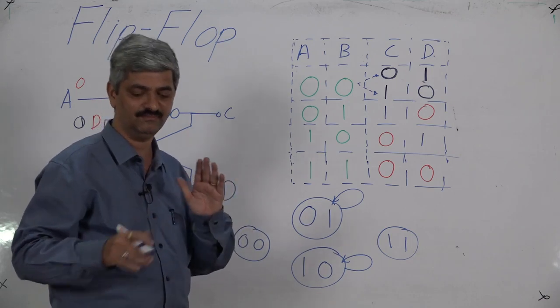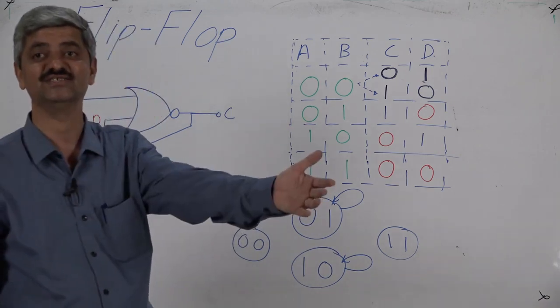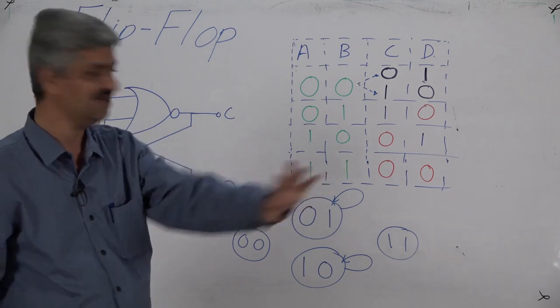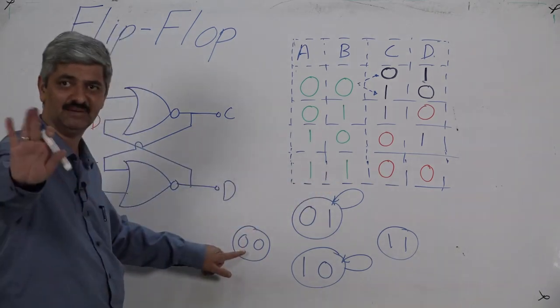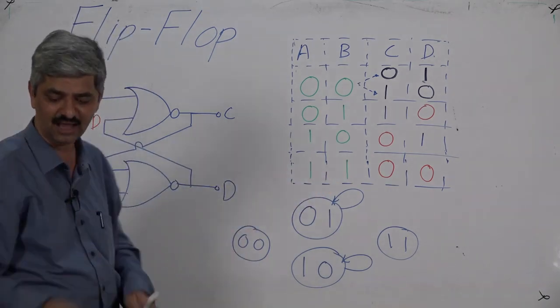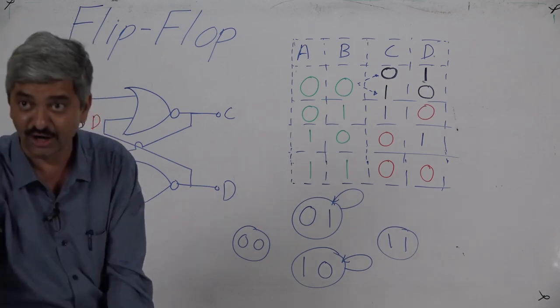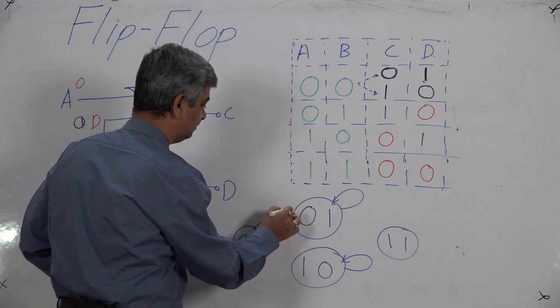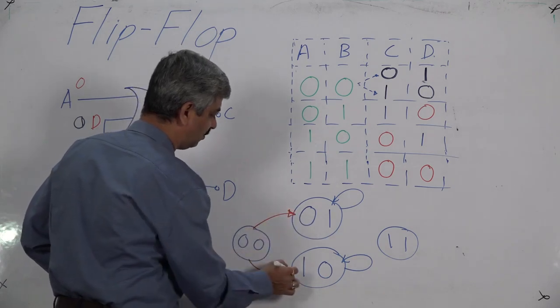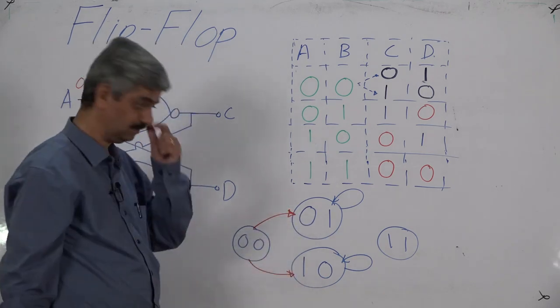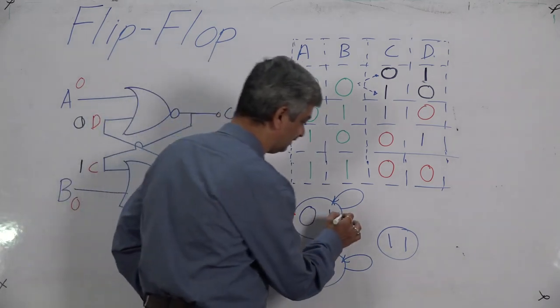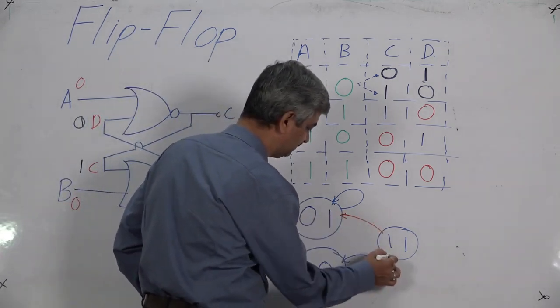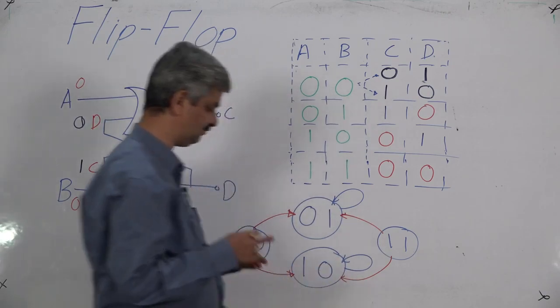They remain there as they are, they don't change, both are stable states. But 0 0 can't remain. 0 0 has to self-destroy into either 0 1 or 1 0. Same is with 1 1.